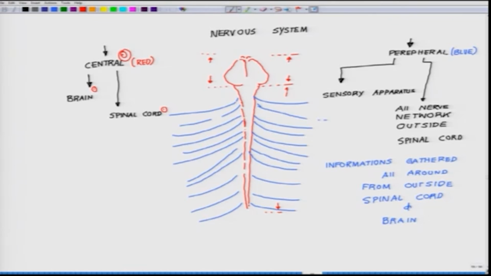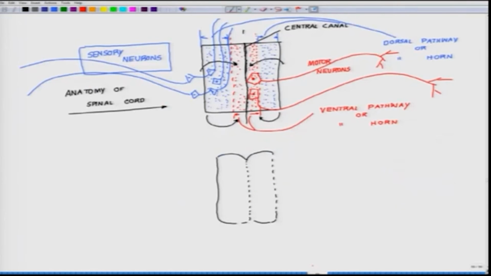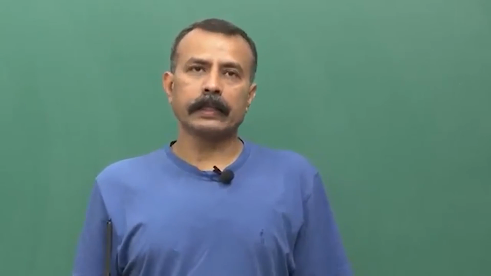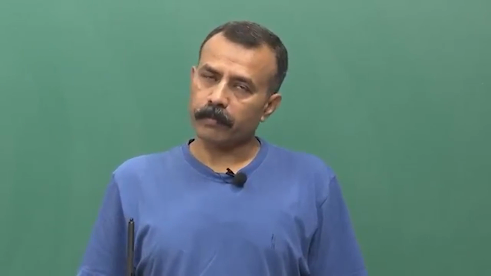The information from the different sensory apparatus is brought to the central unit by the sensory neurons, right.